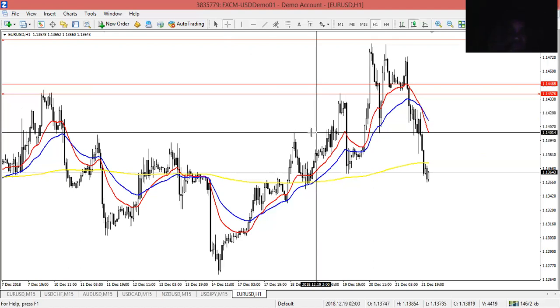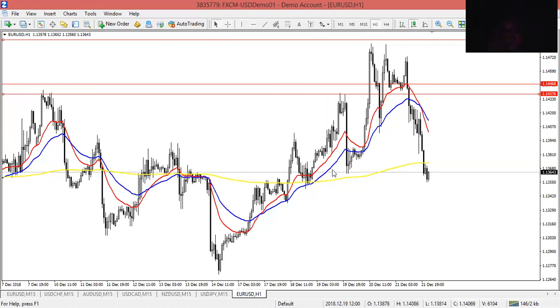Then on entering here, you take your profit. Maybe your 5, 6, 10, 20, 30, 100, whatever pips you want to take.